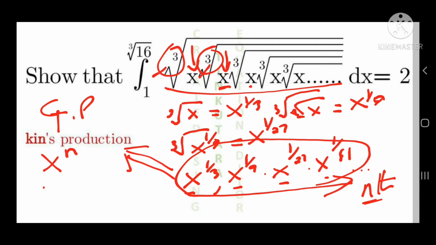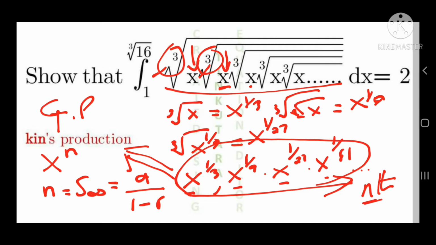So the n will be the sum of an infinite geometric progression, which is equal to a on 1 minus r.